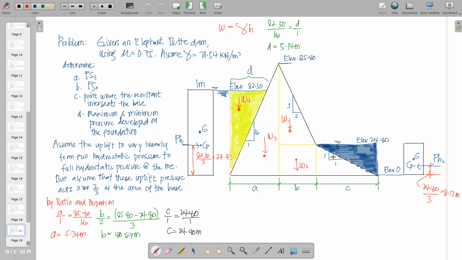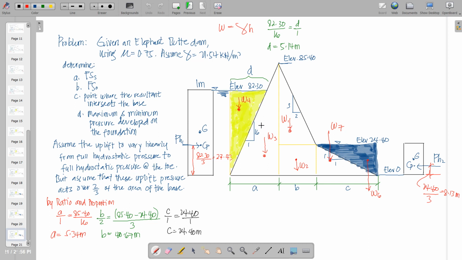So next is the weight on the downstream portion of the dam, the weight of water, wherein W6 is concentrated. Of course, we are very much aware of the dimension of that one. And finally, this triangle for the dam, W7.